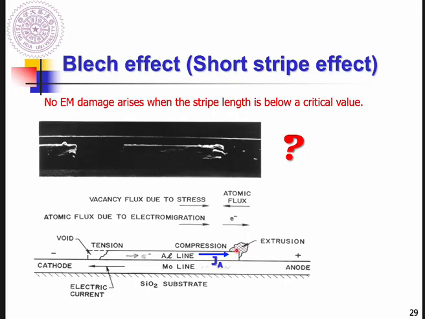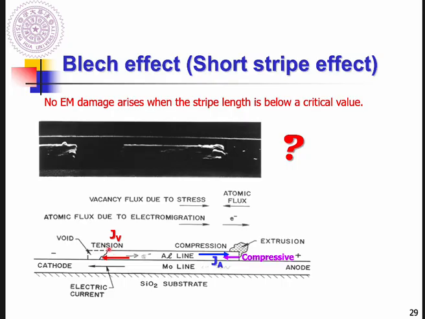In the meantime, this atomic flux also means that we have a vacancy flux moving in the opposite direction. Because lots of atoms move to the right-hand side, we have a compressive region at the right-hand side.